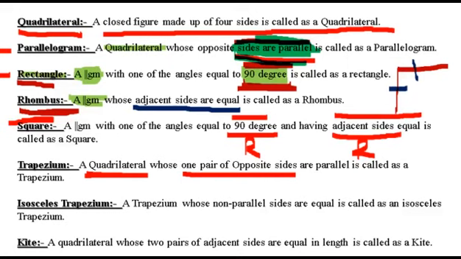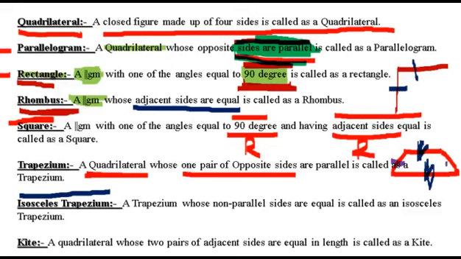You are well aware of its figure, how it looks like. We usually draw it like this. This is a trapezium in which this side and this side, they are parallel to each other. Next up is the isosceles trapezium. It is very simple. If these two are parallel sides, then what about these two sides?